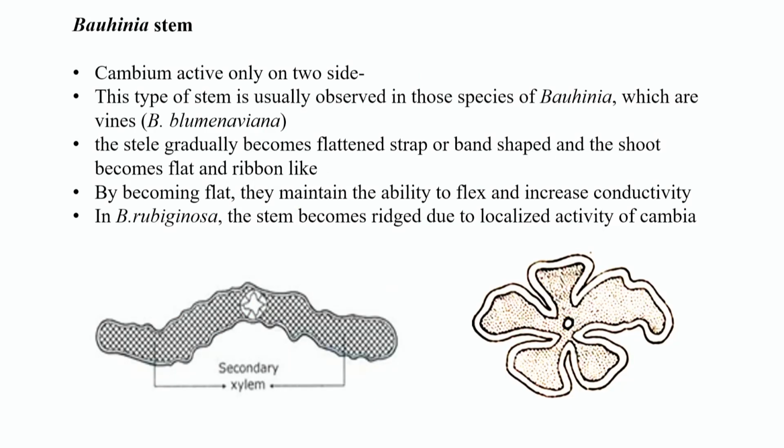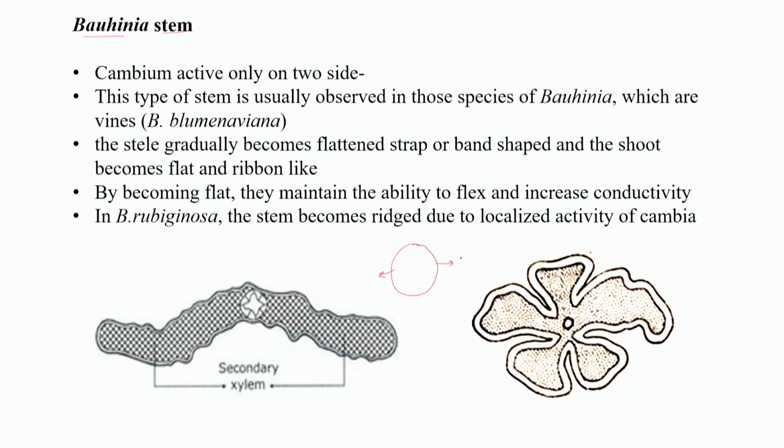Then Bauhinia stem. Bauhinia is also a liana, okay, it is also a climber. So in this case also you have a cambium which is behaving abnormally, okay. Suppose a cambium ring is formed in this case, and in this case cambium is active only on 2 sides.